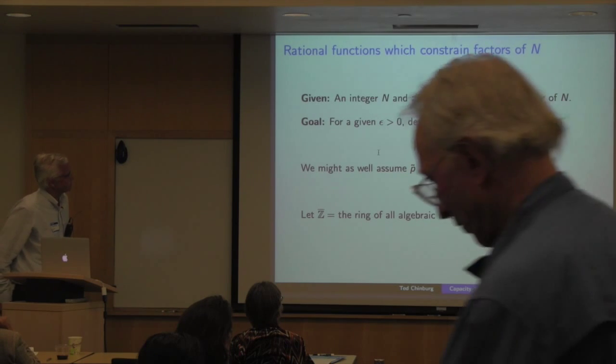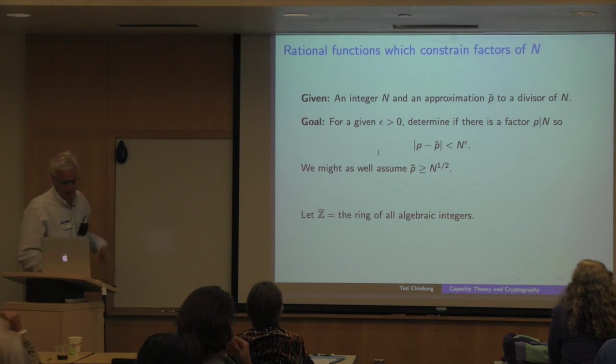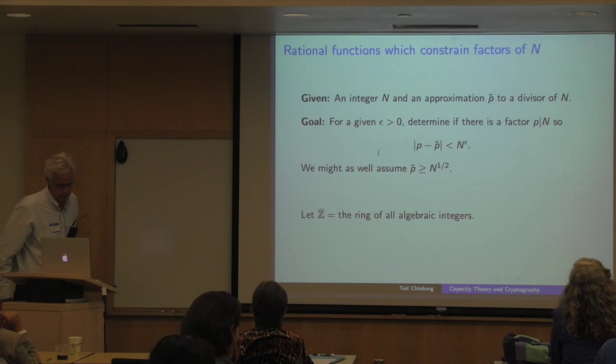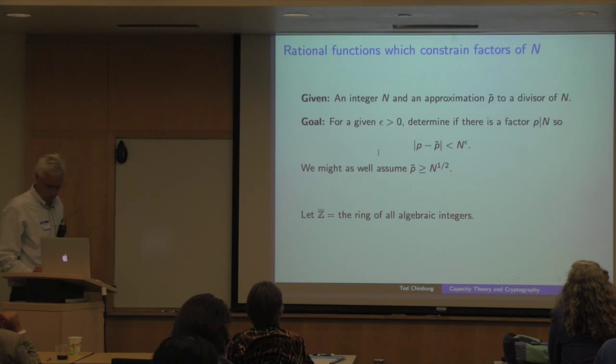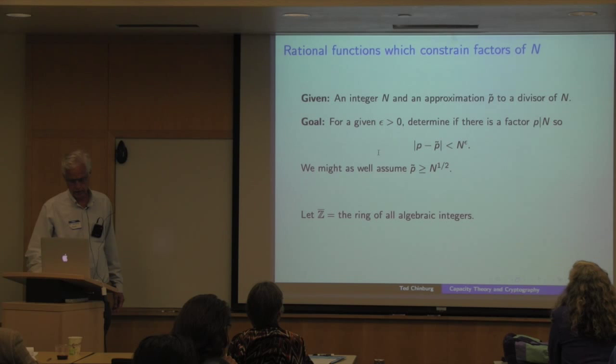And here's the constraint on rational functions that Coppersmith used. Z bar, I'm going to take to be the ring of all algebraic integers. We're trying to construct a rational function that has to have that p as a root if it exists.